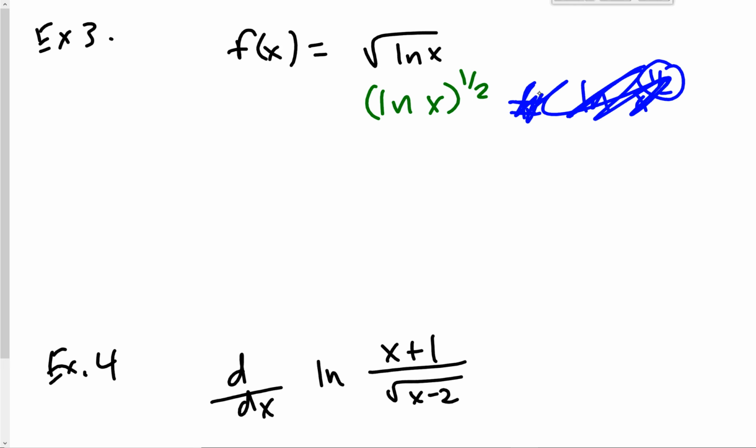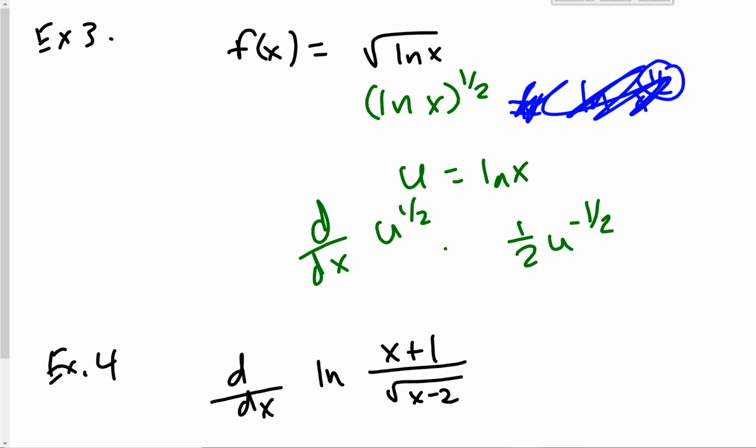So that's not true. But what I can do is let u equal ln of x, and then take the derivative of u to the 1/2. Now I just do chain rule. u is ln of x, and the derivative of that is 1 over x.